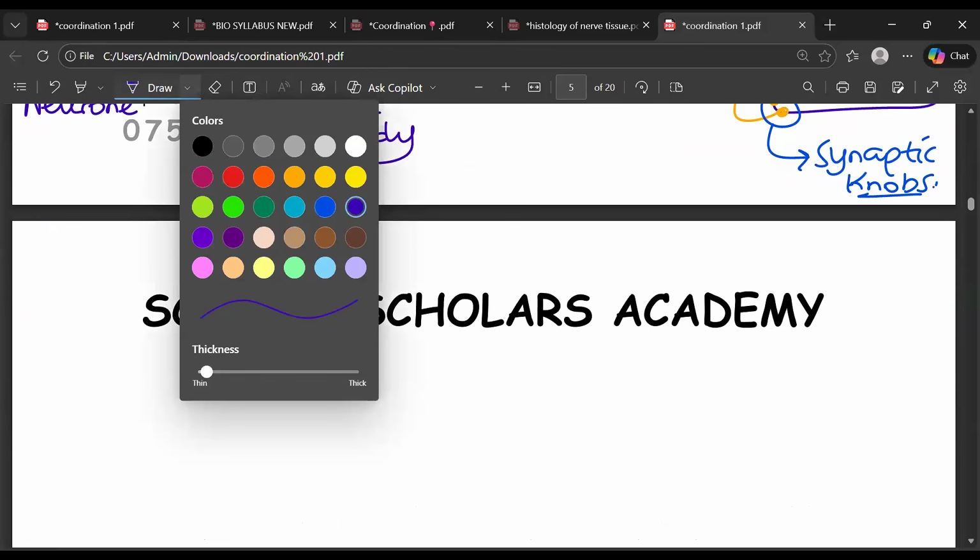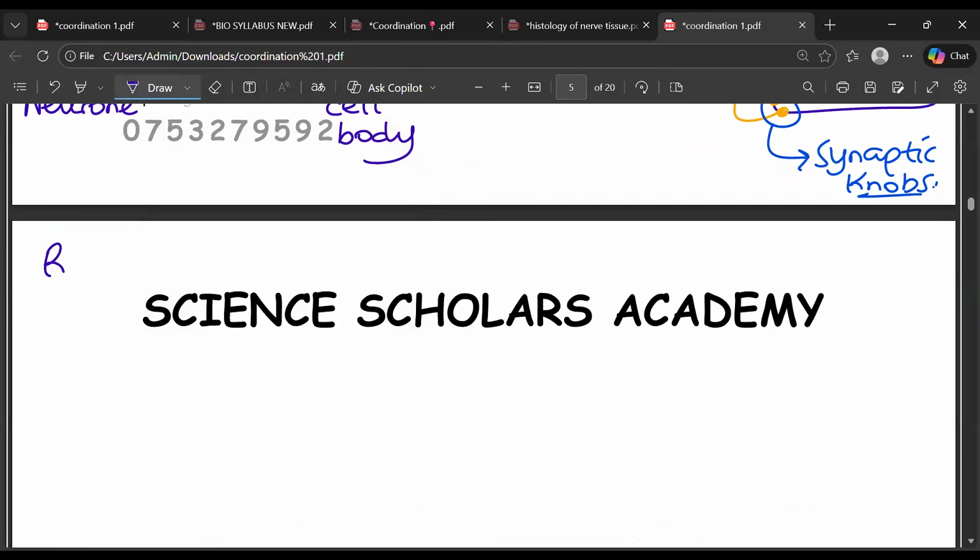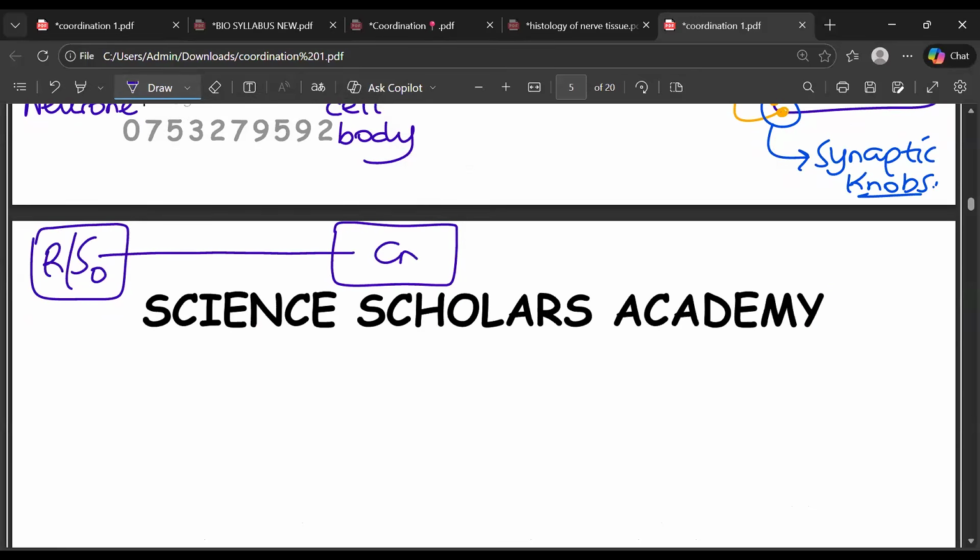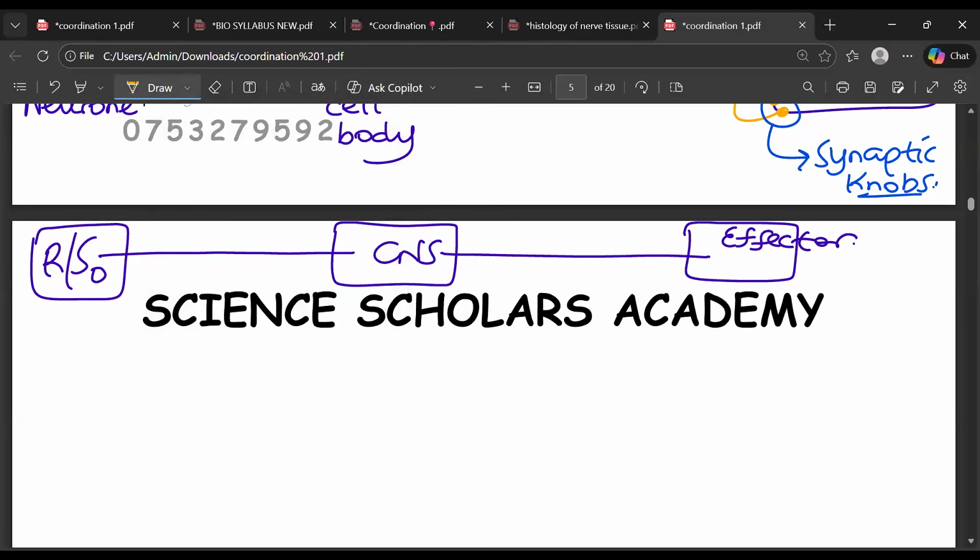The moment you're having here your receptor sensory organ, and you're having your CNS here, and then you're having your effector here. What I really want you to understand is those connections.